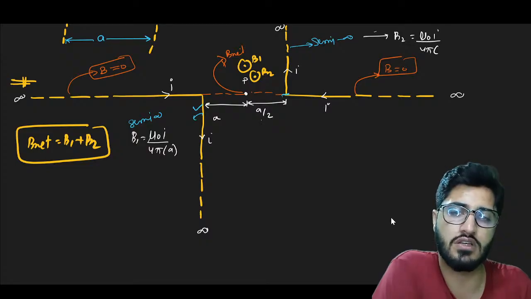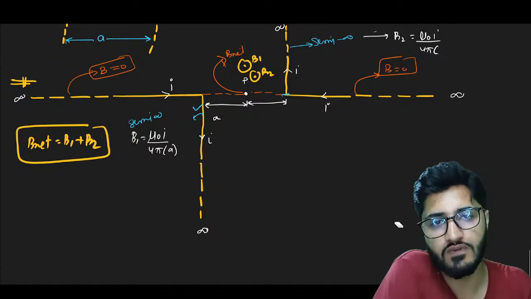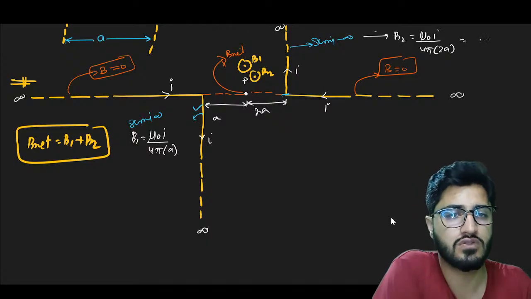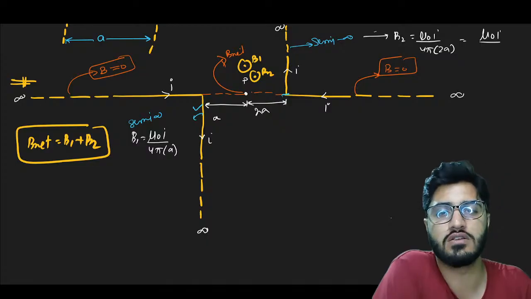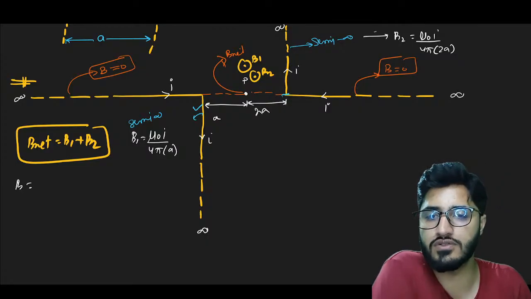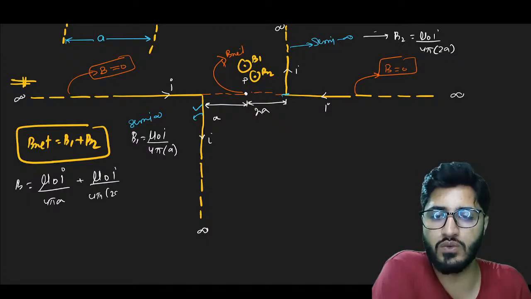For simplicity, I will write 2a. So I can write mu naught I divided by 4 pi, taking 2a for my calculation. So B equals mu naught I over 4 pi a plus mu naught I over 4 pi times 2a.